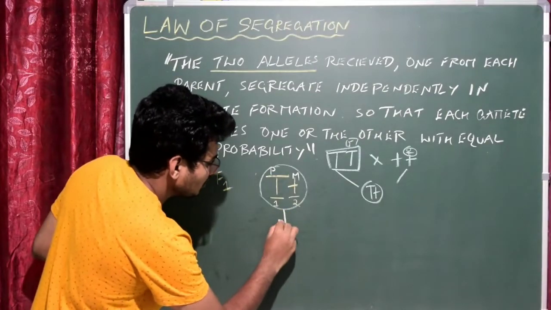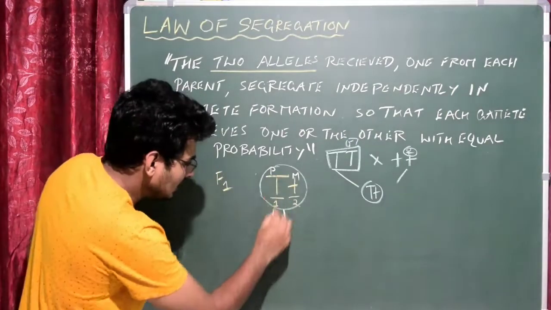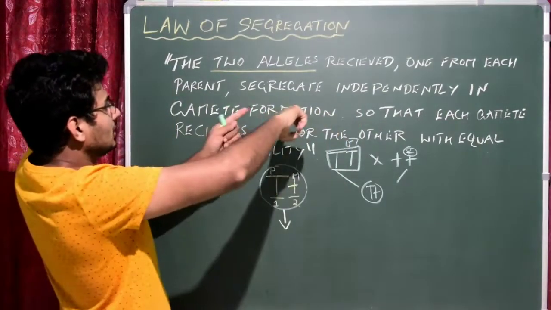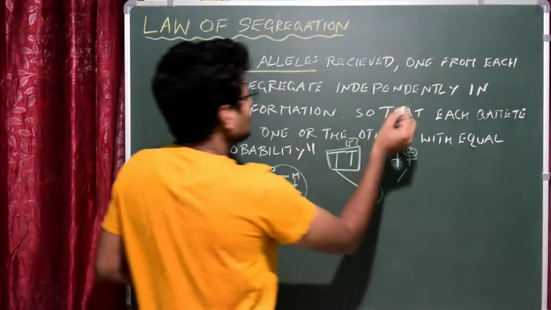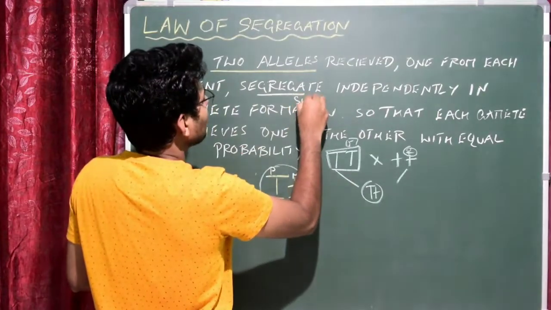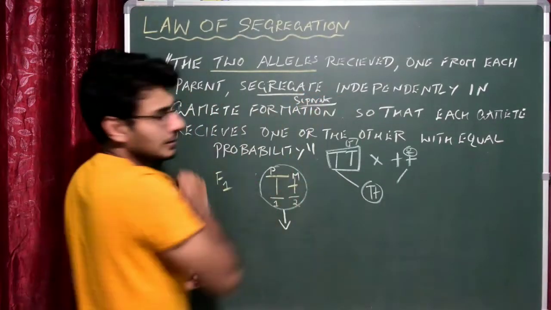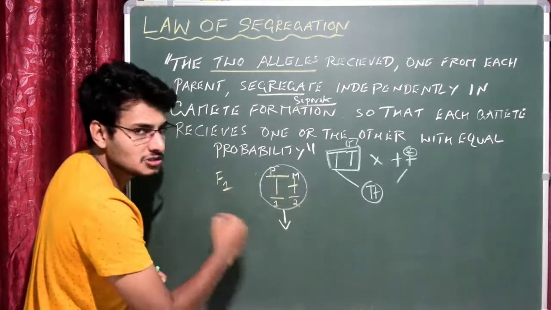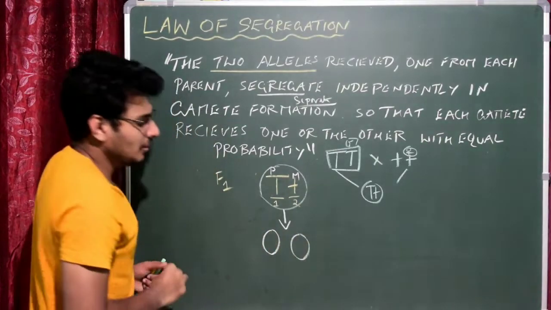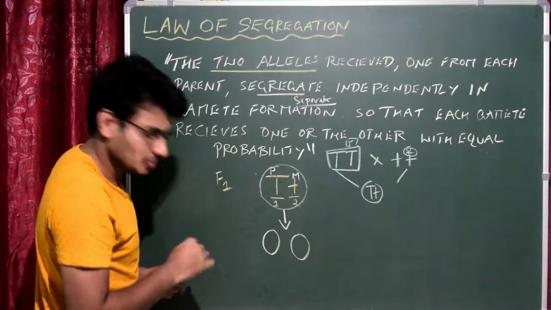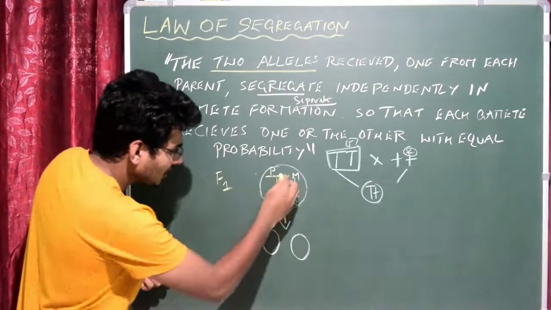During the gamete formation, see what happened. They segregate independently in gamete formation. What is the meaning of segregate? Segregate means they split, they separate. That means the two alleles now separate. Let us assume that there are two gamete formation possibilities.